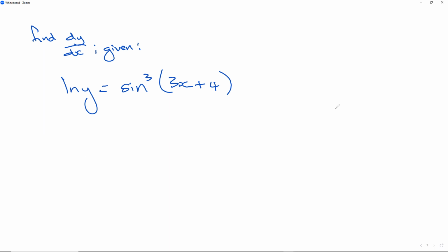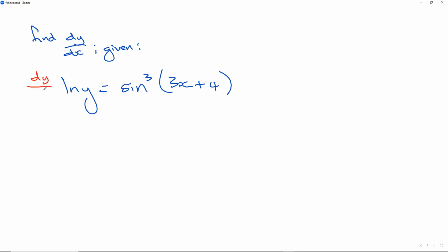Let's rethink this now. On the left-hand side, I've got ln y. I want y to be alone so I can get dy dx, and I can derive it quite clearly. If I had followed this exact same pattern and continued in this way, I would have to use the chain rule, right?